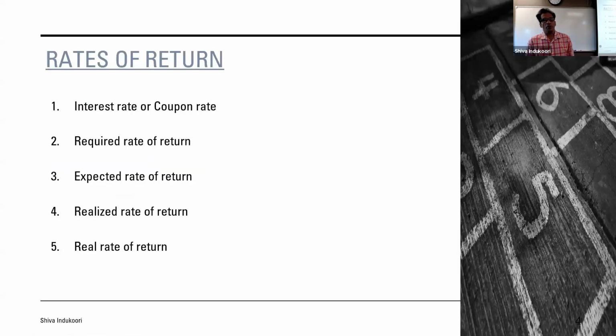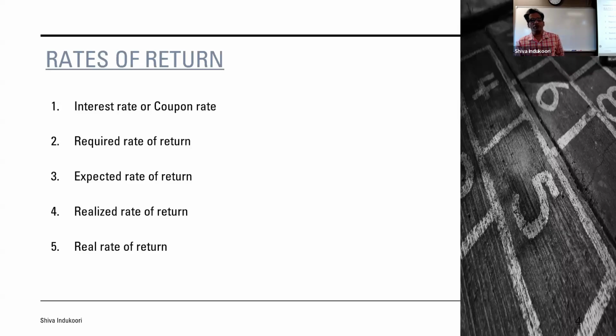So when you talk about rates of return, there are many actually, the way you calculate and so on. Here we are talking of the rates of return you get from a security in terms of its issued returns, unissued returns, which are volatile and so on.